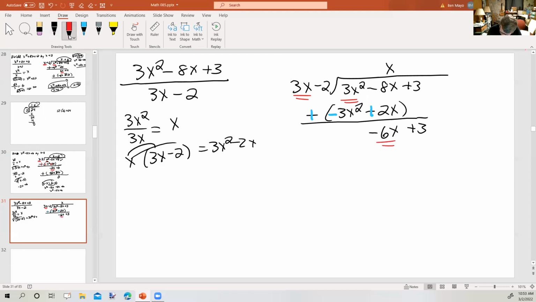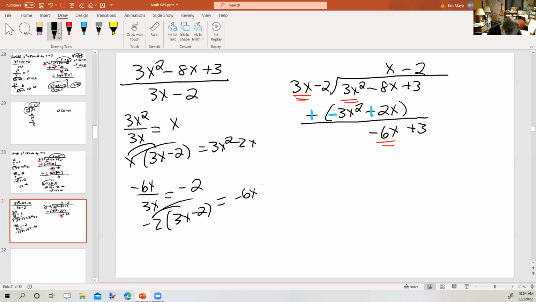Divide the leading term inside by the leading term outside. Negative 6x divided by 3x would be negative 2. So minus 2 there. So far, so good? Yes. All right. Negative 2 times 3x minus 2 is negative 6x plus 4, which we put there.